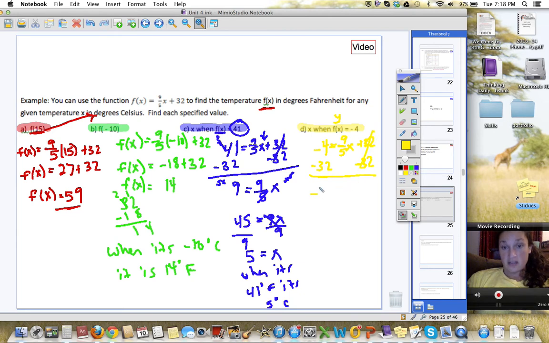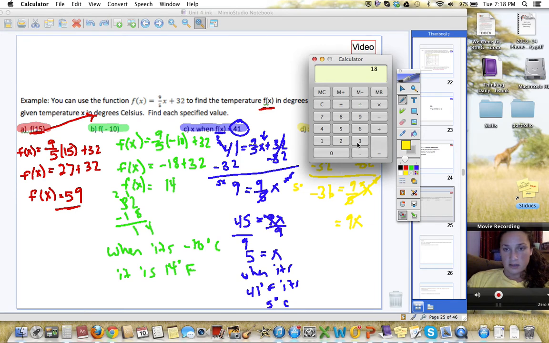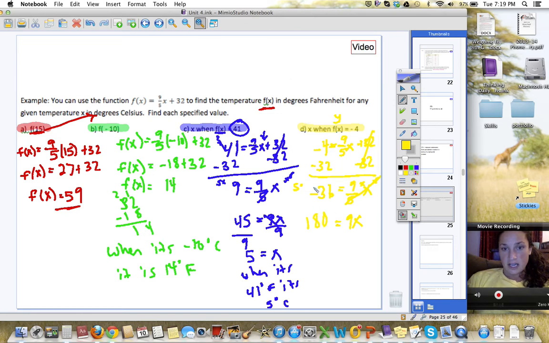These cancel. So I have -36 equals 9/5 x. So I'm going to times by 5 on both sides. Those are going to cancel, but not the x, that x is still there. So on this side, I'm going to have 9x. 36 times 5 is 180, and it is a negative.